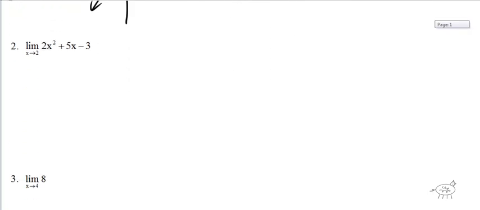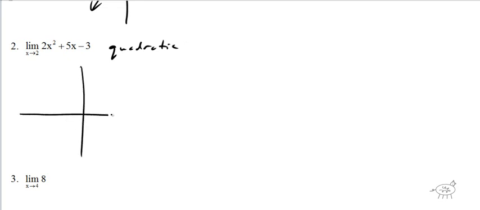The next one is a quadratic, and there are no issues with that as well. I don't know exactly how this looks, but I know it's got some parabola shape, and I have no issues. I don't care where you are on this graph. If I'm at 2, let's just say right there, there are no holes, no jumps, no asymptotes or anything.